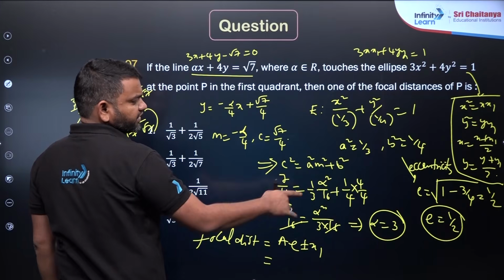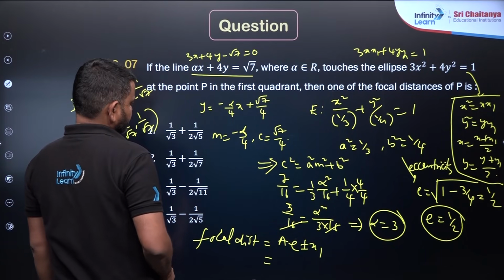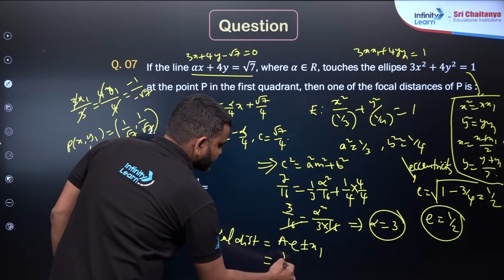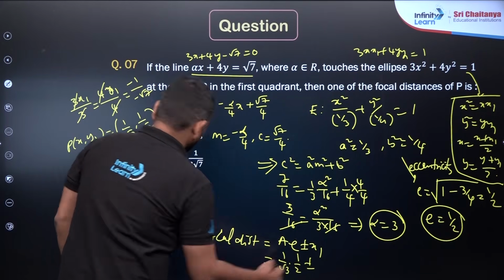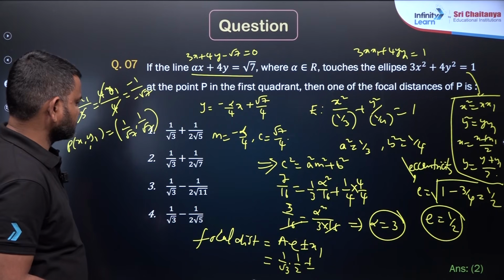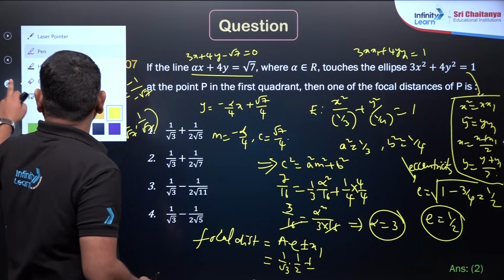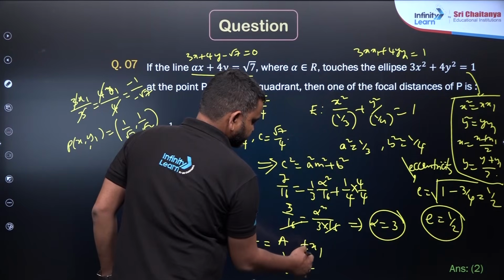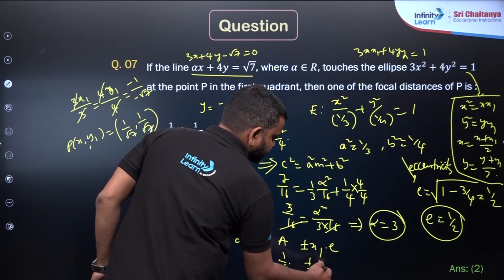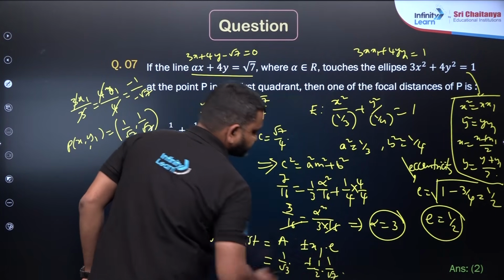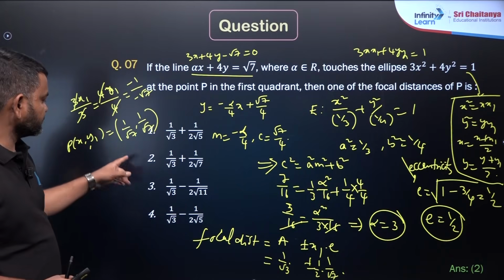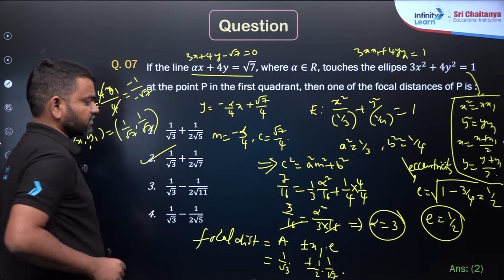So A into E: the E value is 1 by 2, the A value is 1 by root 3, right? So 1 by root 3 into 1 by 2 plus or minus... no, I again wrote it in a different way. This needs to be E into x1. So E is 1 by 2, x1 is 1 by root 7. Yeah, now we got it. 1 by root 3 plus or minus 1 by 2 into root 7. So you can see here only one option is satisfying and this is your answer.